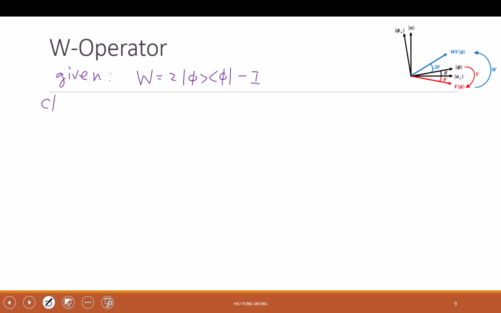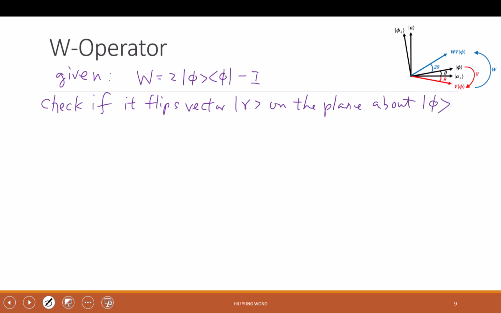Let's check if it flips vector gamma. It can be beta, but just call it gamma, right? On the plane. Again, we only care about those on the plane because we never rotate outside of the plane, about phi.